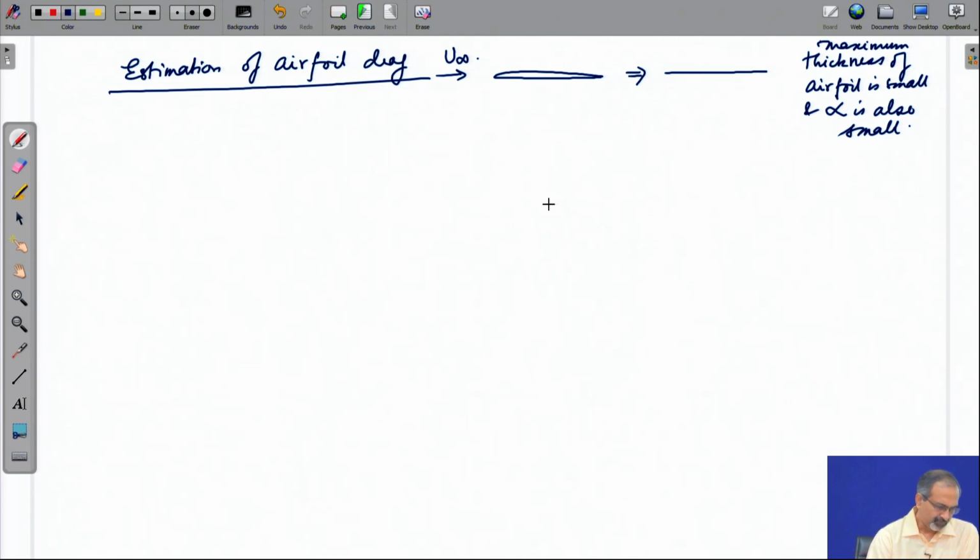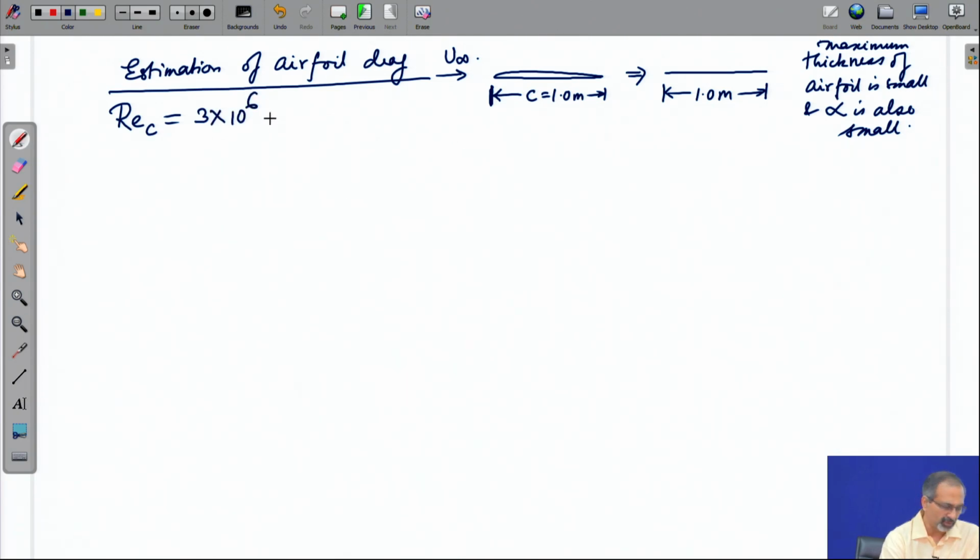And we will say that the chord of this airfoil is 1 meter. So, in our approximate model, that is a flat plate model, it is also 1 meter, and we will do the calculations based on the assumption that the Reynolds number based on the chord length is 3 into 10 to the power of 6.